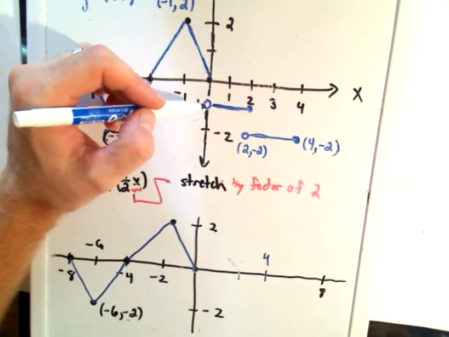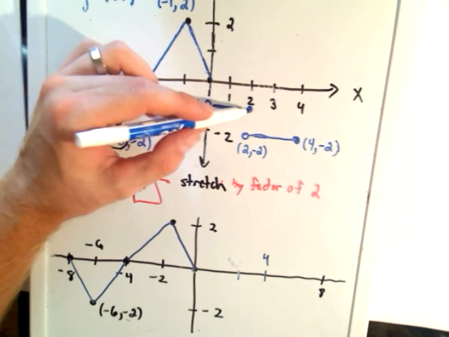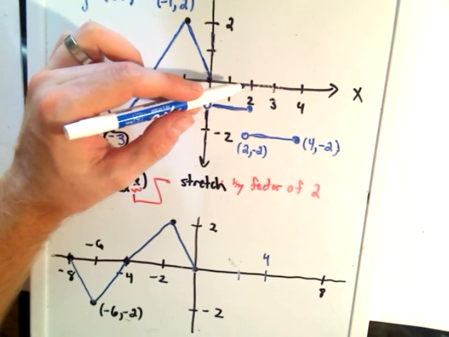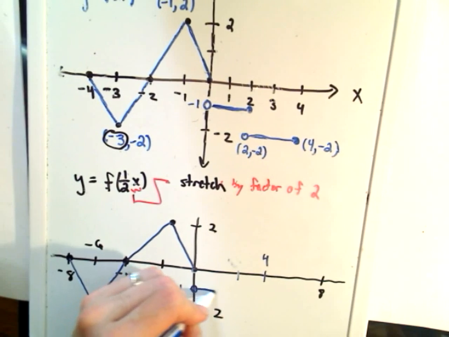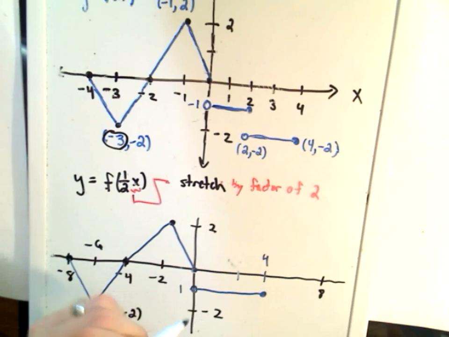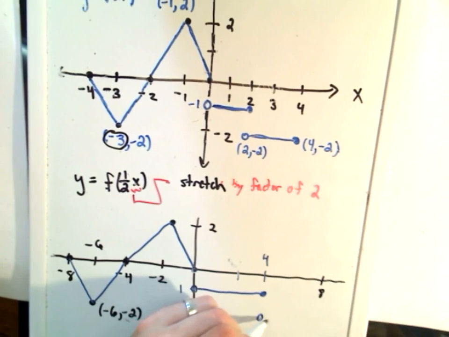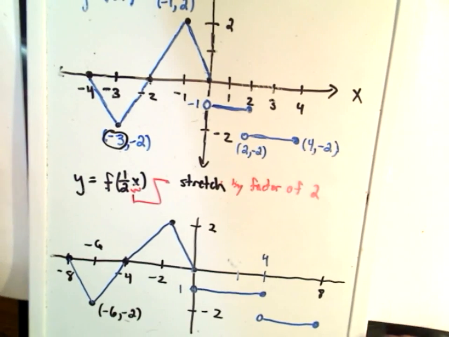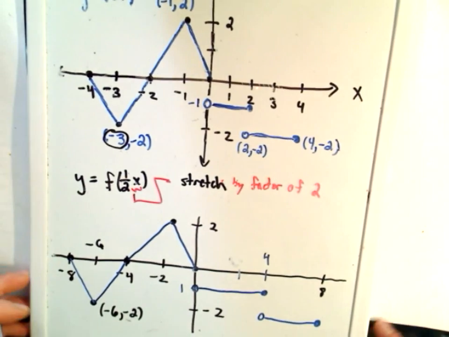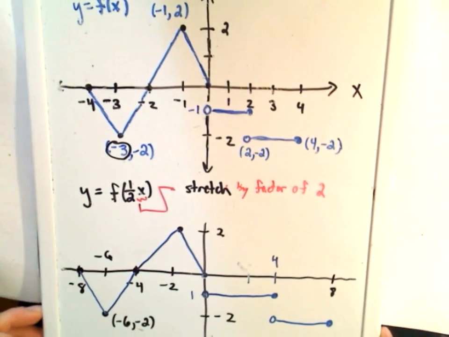So instead of being this little horizontal line at -1 from 0 to 2, now I double that, so it's going to be looking like that all the way out to 4. And then I jump down to -2 at 4, and that extends all the way out to the value of 8. Okay, so this would be the graph, again, of f of 1/2 x.